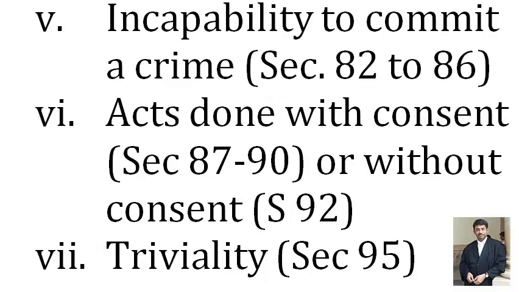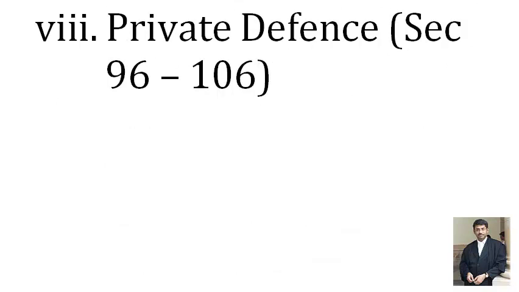The seventh group consists of triviality, section 95. Triviality means smallness, less important things. And the eighth group consists of private defense, from section 96 to 106.